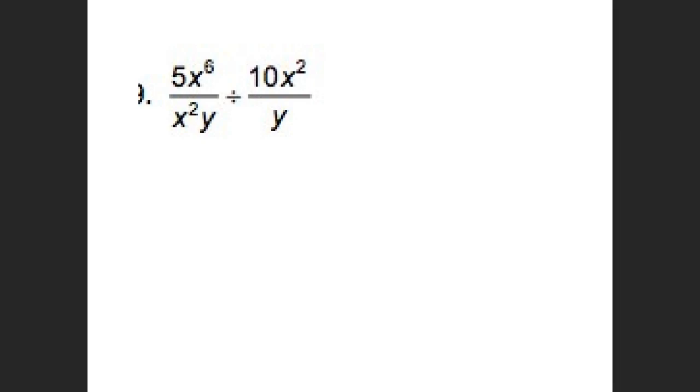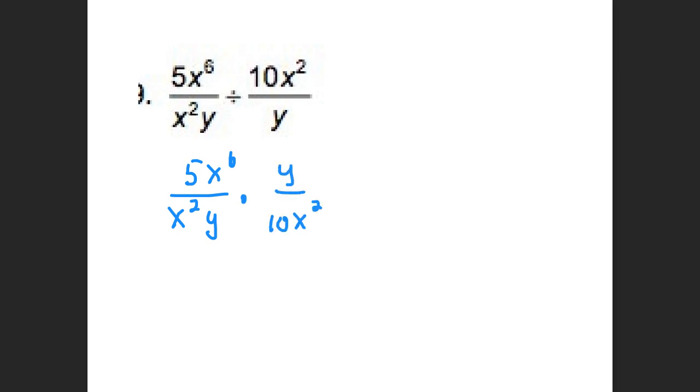Now, if I gave you a problem like this, you have to flip it before you start simplifying. Some kids are like, oh, I'm going to cross off all this stuff. You can't do that. You have to flip it first and make it into a multiplication problem. So in this problem, I would go 5x to the 6th over x squared y times y over 10x squared.